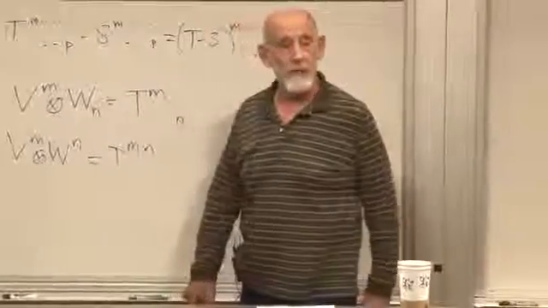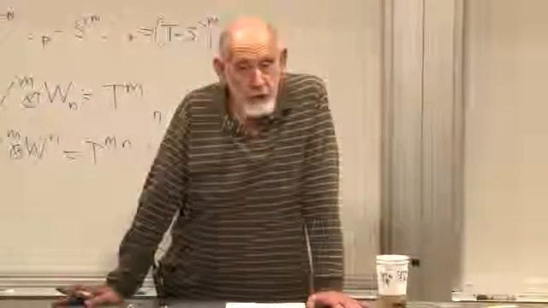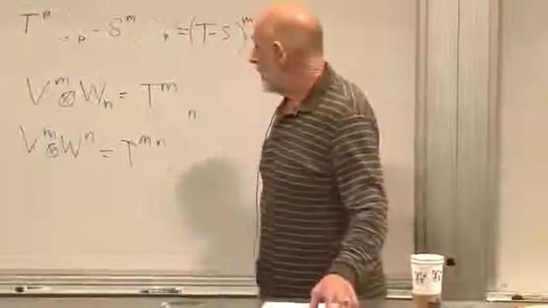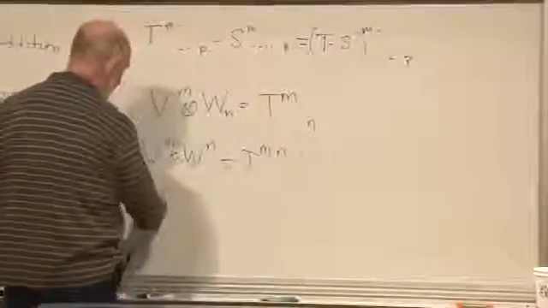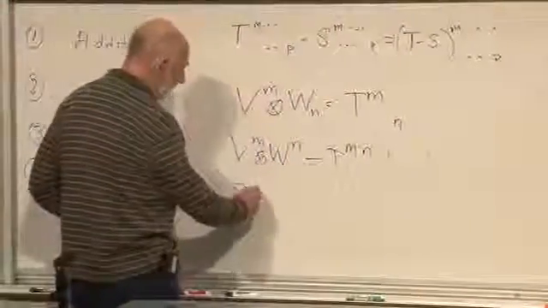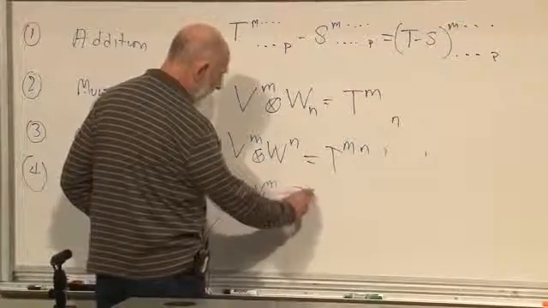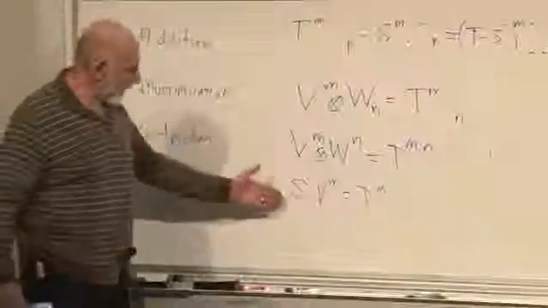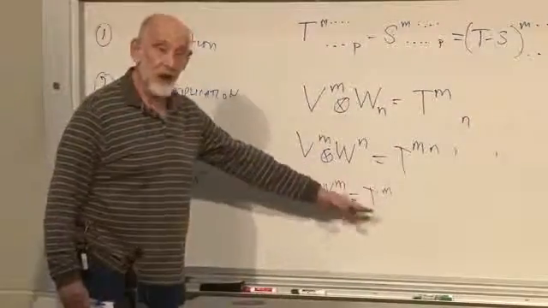The only way you can make a tensor of the same rank is for one of the factors to be a scalar. A scalar is a tensor, and you can always multiply a tensor by a scalar. Take any scalar, multiply it by Vm, and it's a tensor with one index upstairs. In other words, multiplying any tensor by a scalar gives back a tensor of the same kind.